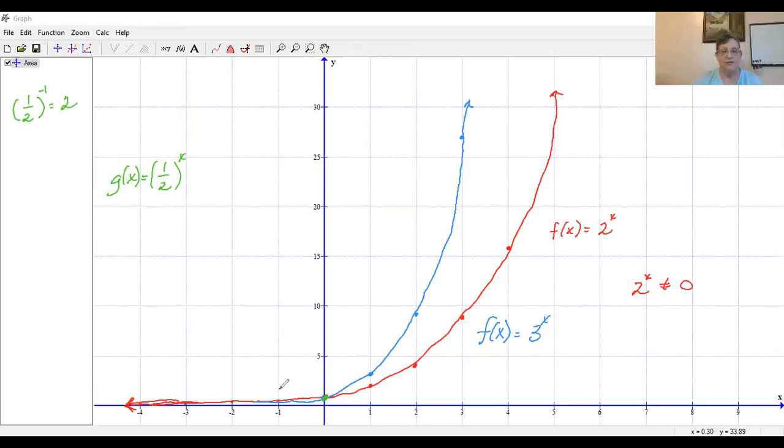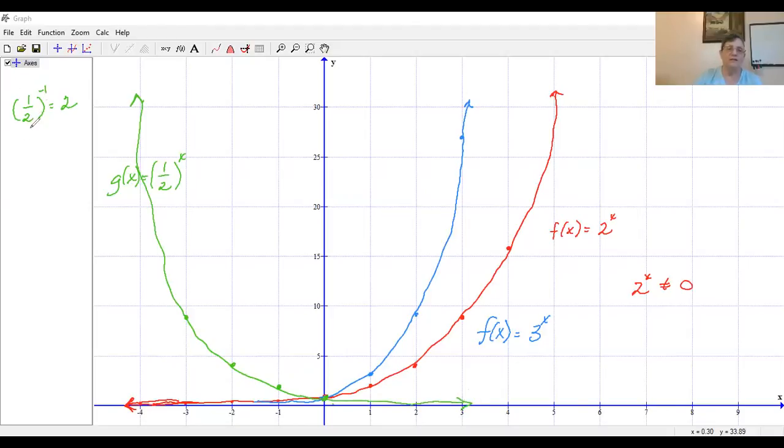So a negative 1 would give us 2. A negative 2 would give us 4. A negative 3 would give us 8. So we get the red graph reversed around the y-axis. And this would now flatten out this way.